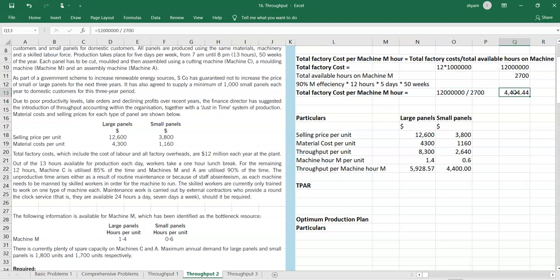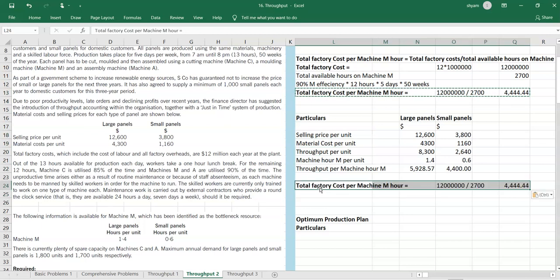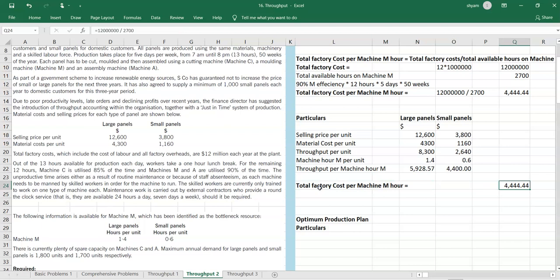Sorry, I think we left 10. Okay, so the answer is 4444. Okay, that is our cost per machine hour. So we can now get the TPAR. Okay, so we can get the same number from here and we can put it here. So TPAR will be the same number.